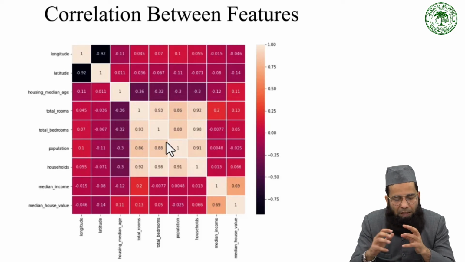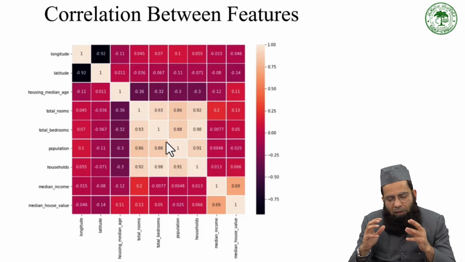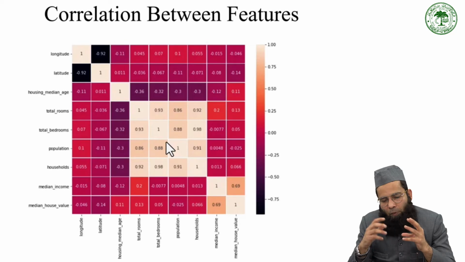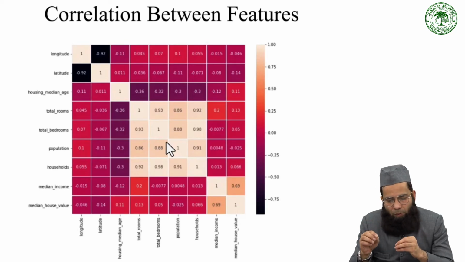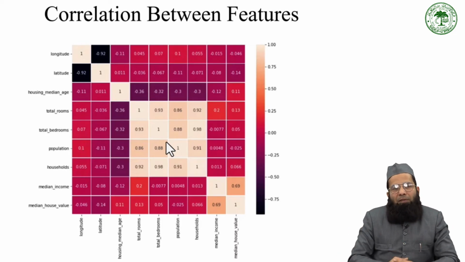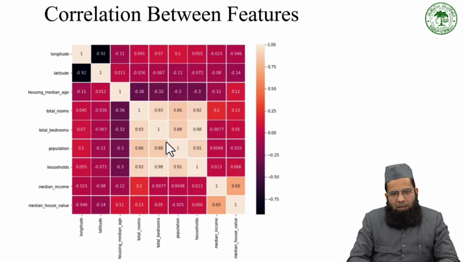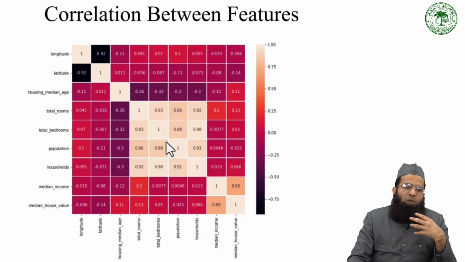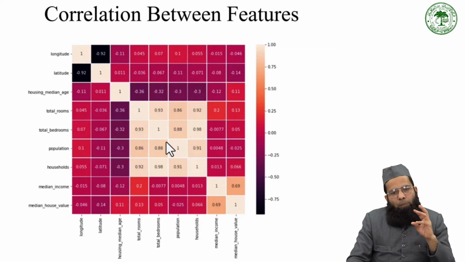So we can check whether our prediction would improve if we drop total rooms, or if we drop total bedrooms, and so on. So it is a very good dataset as far as pre-processing is concerned. We can explore it, and by utilizing different pre-processing techniques, we can improve the performance of our prediction.